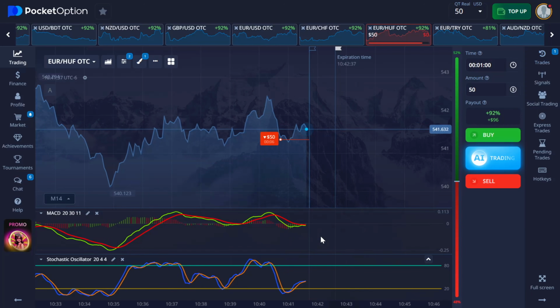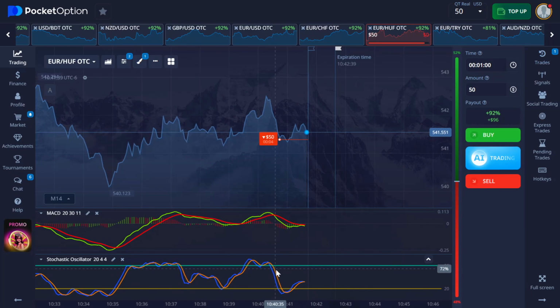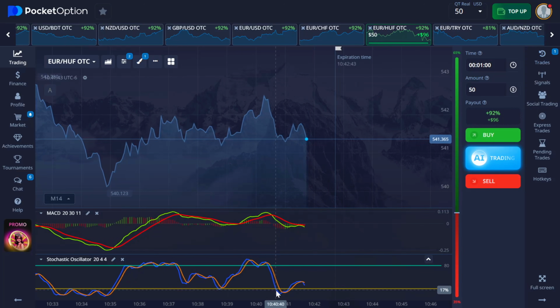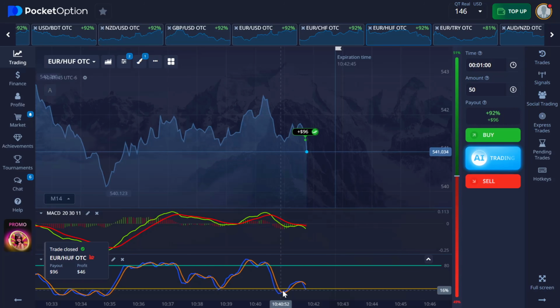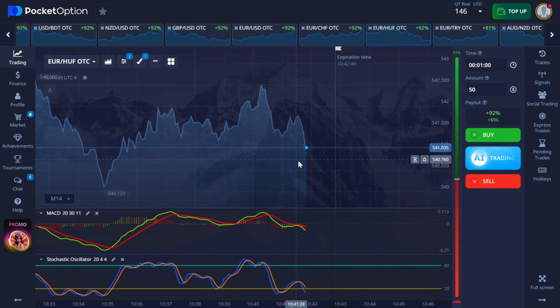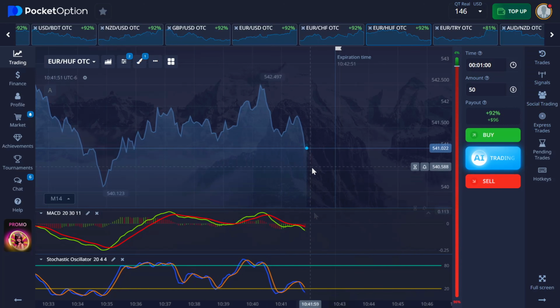Okay, because the reason why I did this was I'm only trading when the indicator breaks the lower level of the stochastic oscillator or the higher level. I will be explaining everything further on the next trade.